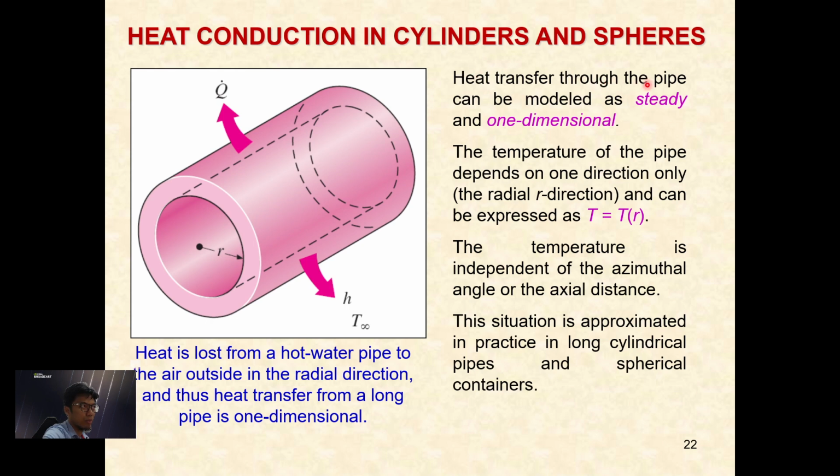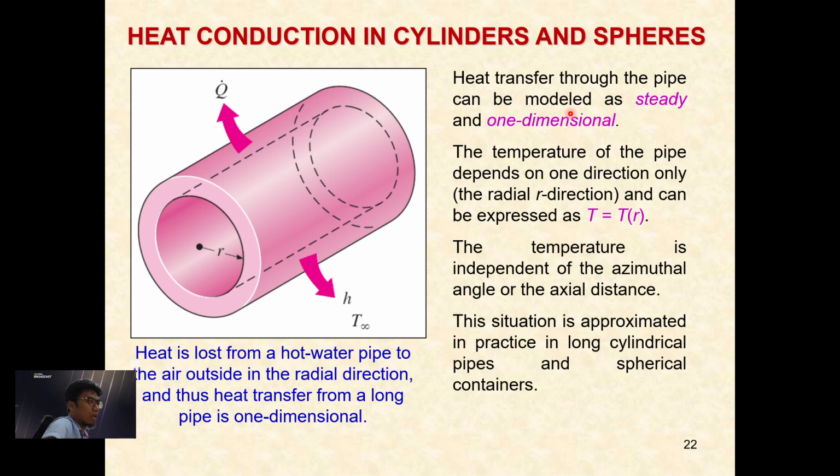Heat transfer through the pipe can be modeled as steady and one dimensional. So we are only discussing a steady problem and a one dimensional problem. We're not going to study unsteady and multi-dimensional problems.